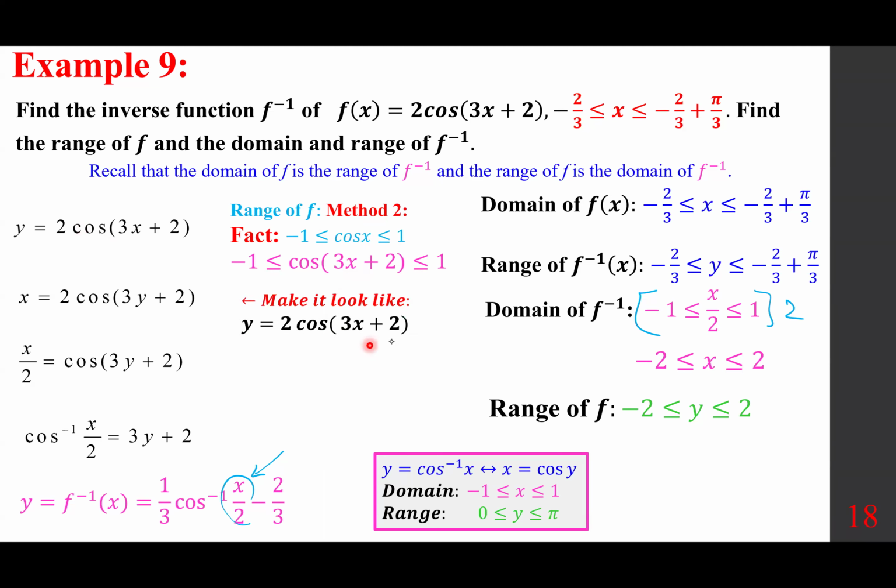So make it look like this. Multiply by 2. If I multiply by 2, this becomes 2, this becomes a -2, this becomes 2. And therefore, y is between -2 and 2. This may be maybe a tad easier. I don't know. But the bottom line is there is more than one way. There are sometimes 2 or 3 different ways.